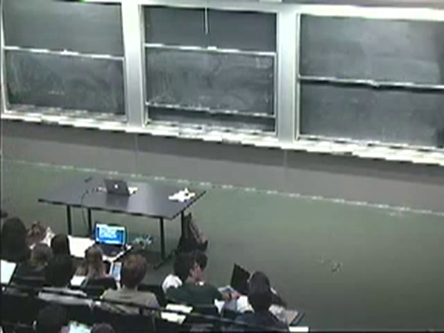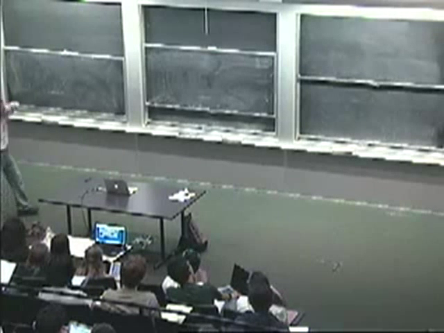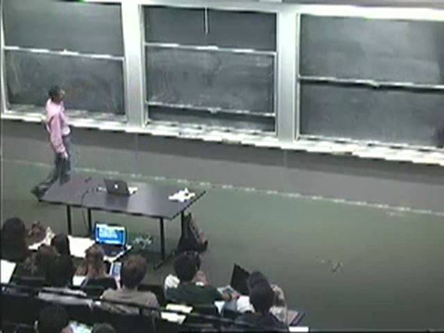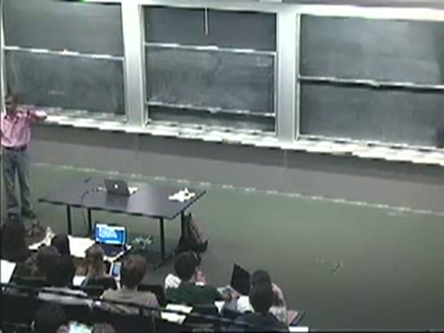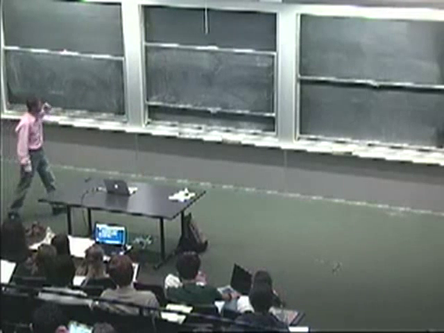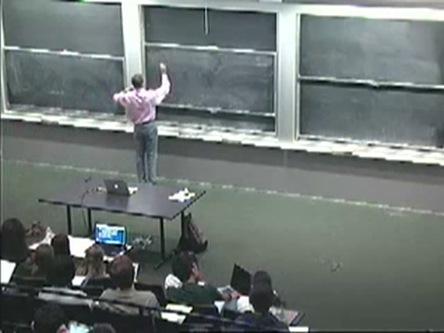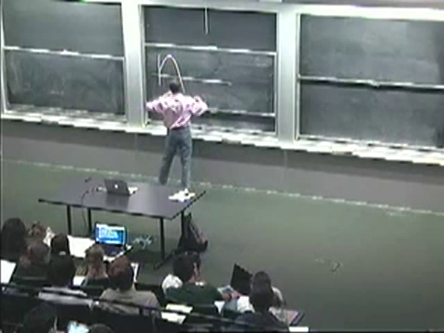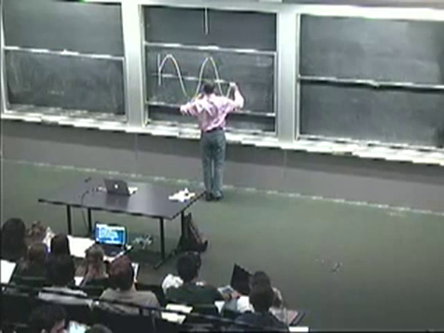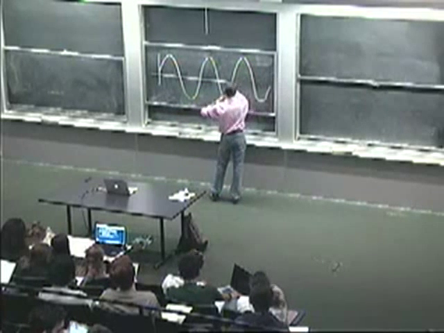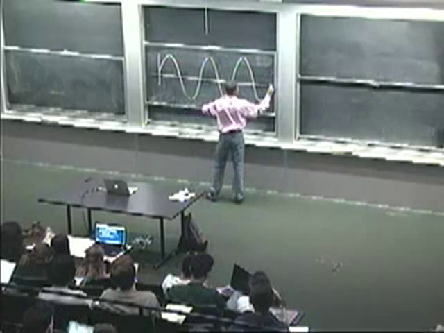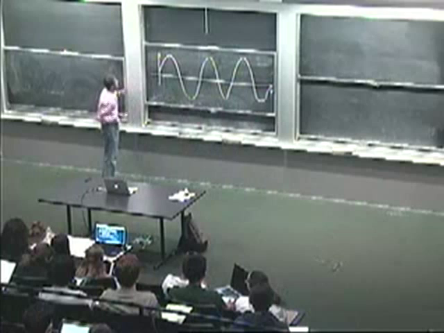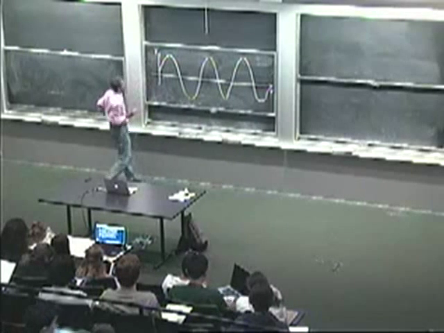So let me tell you how this system does its job, and this goes back to what Professor Verghese was telling you before. Ultimately, all of the information is modulated on top of a carrier. And a carrier is, as you know, a sinusoid. So time goes this way, and this is the amplitude, which we also call the voltage.